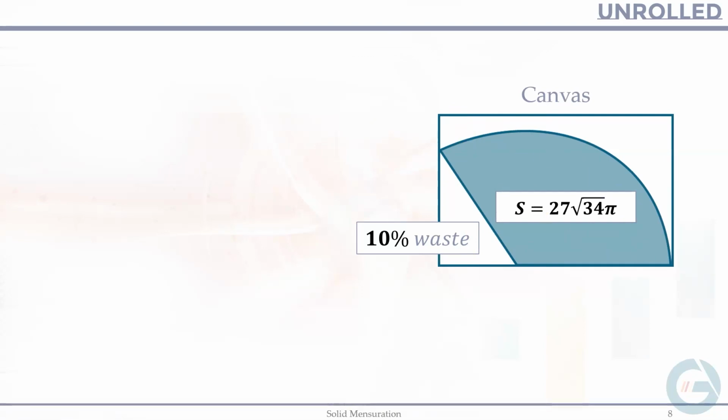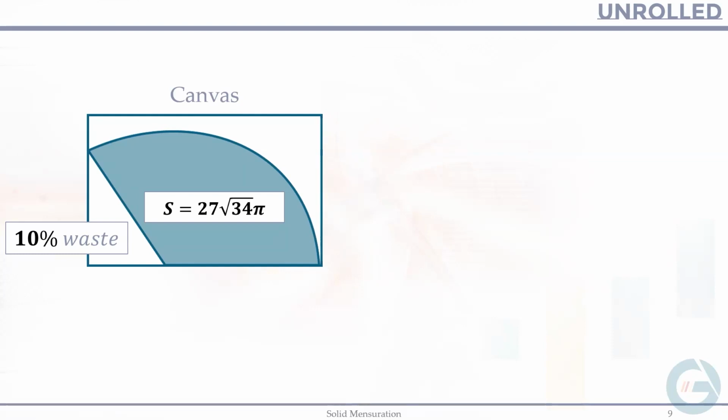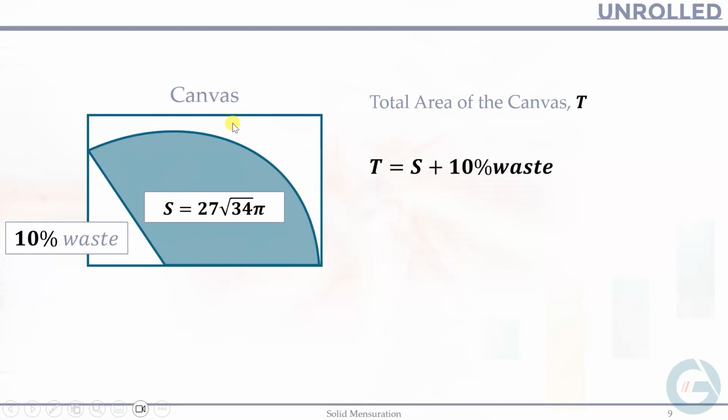So let's calculate the surface area of the canvas. Let's label this as T. So the total surface area of the canvas is, of course, the area of the cone, the shaded region, plus the area of this 10% waste. So T is equal to S plus 0.1 T. 0.1 is the 10% waste of the total.